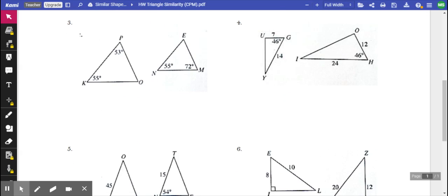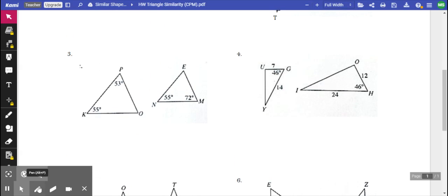For numbers 3 and 4, we're going to approach it very similarly. So we have angles showing in number 3. If we look at these two shapes, we want to think about our triangle sum theorem here. So if I know I have a 55 and a 53 degree angle, I can do 180 minus 108 total, and get that this missing angle is 72 degrees.